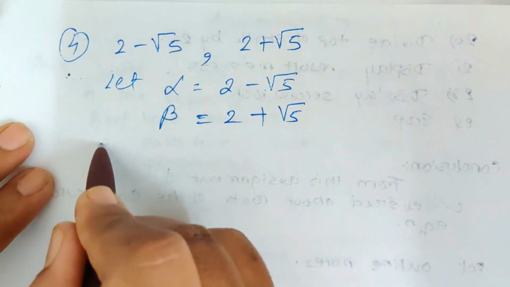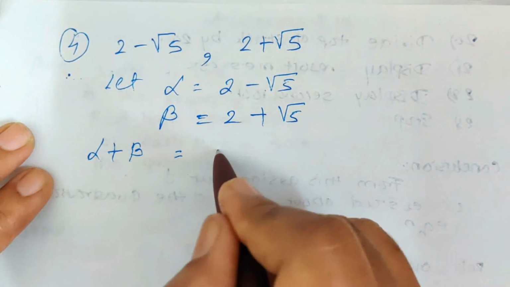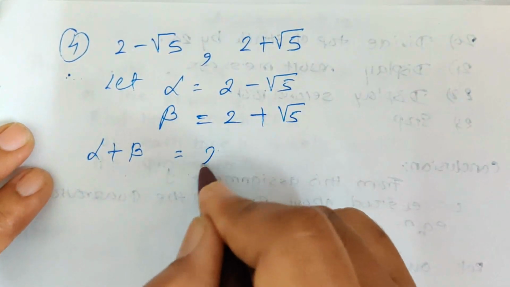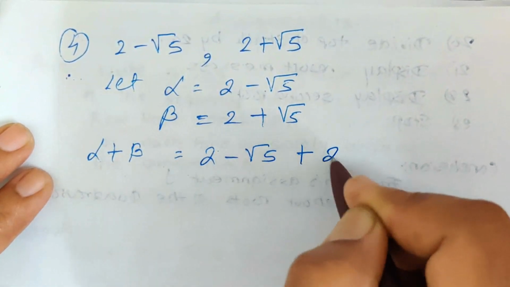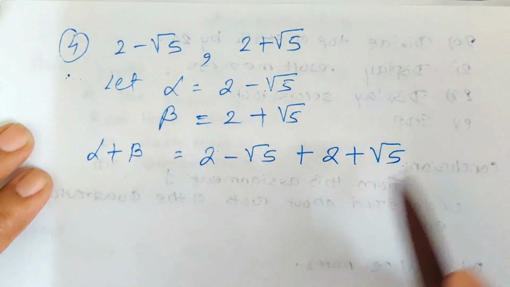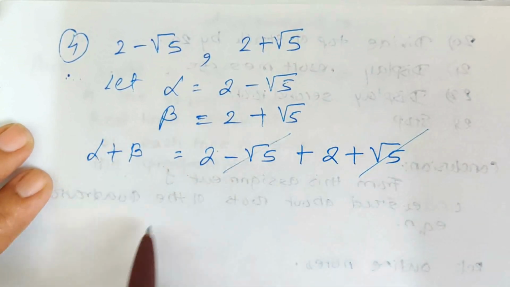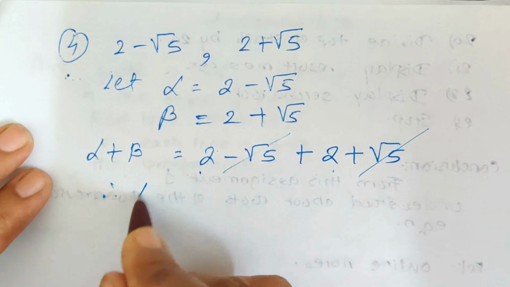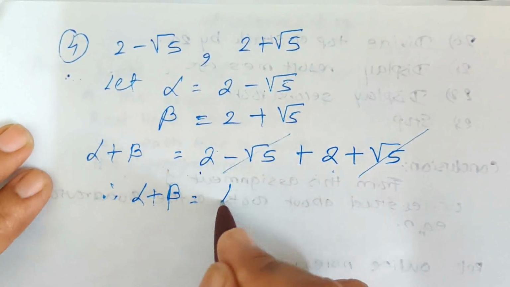First we will take the relation of addition, that is alpha plus beta is equal to 2 minus root 5 plus 2 plus root 5. When you do the addition, it is simple. Minus root 5 plus root 5 will be cancelled. 2 plus 2 is equal to 4, and so you get alpha plus beta is equal to 4.